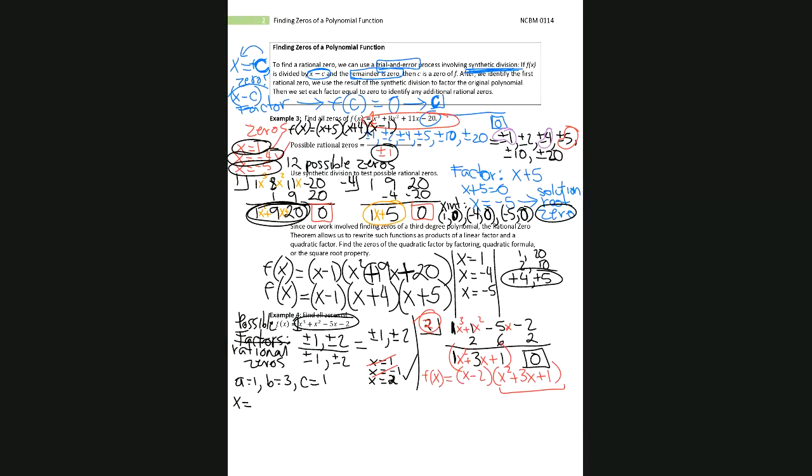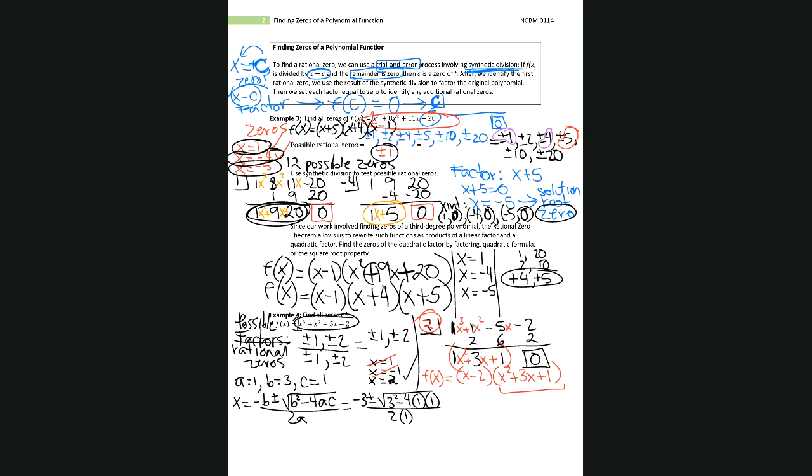So remember that is negative b plus or minus square root of b squared minus 4ac, everything divided by 2a. So this will give me negative 3 plus or minus square root of 3 squared minus 4 times 1 for a and c, divided by 2 times 1.